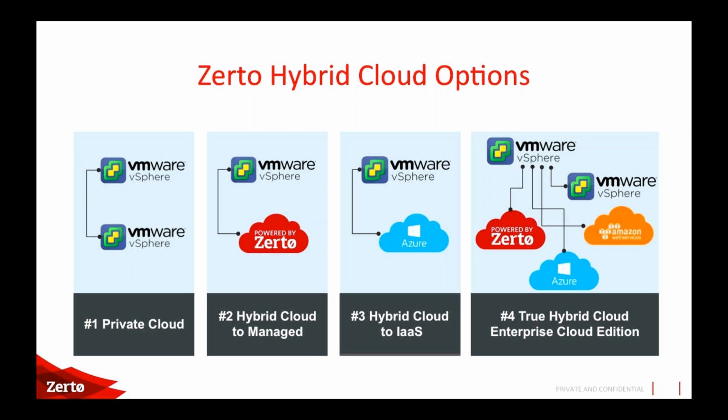So what does that enable? It enables our customers to have various strategies on hybrid cloud. Maybe they start with a private cloud, site to site. Maybe then they move into VMware vSphere, taking their VMware vSphere up to a Zerto-powered cloud service provider or managed service provider.